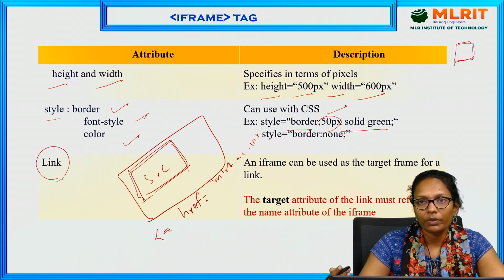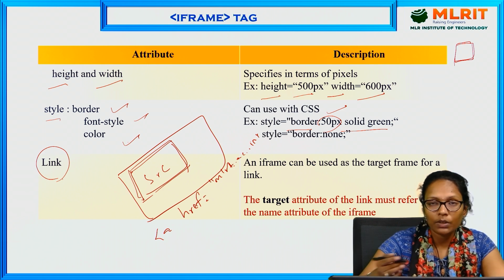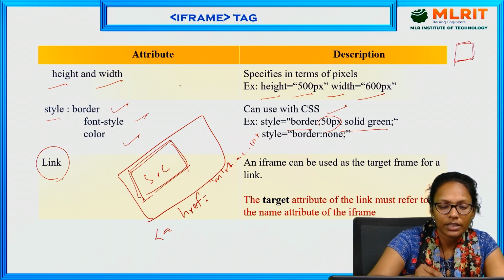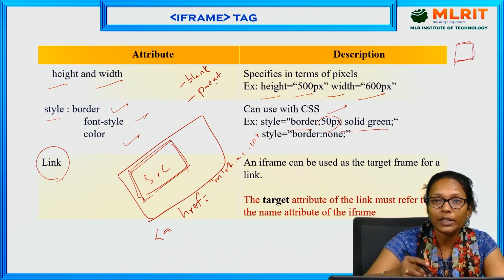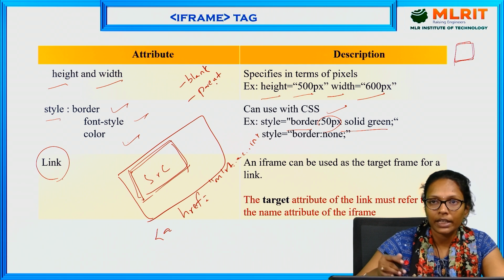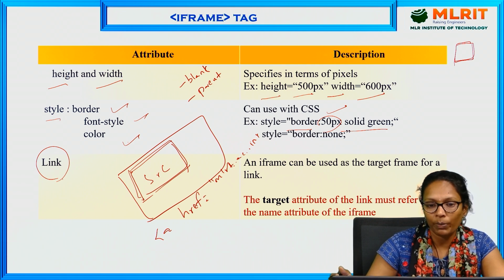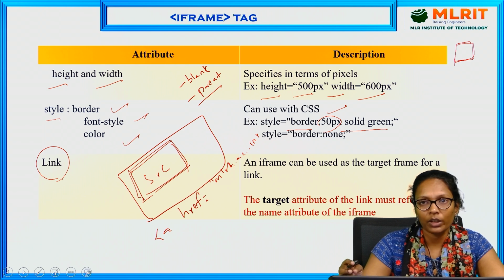Generally we give a target. In the previous videos we have seen target equal to _blank or _parent. _blank means MLRIT.ac.in will open in a new blank page. If I give _parent, MLRIT.ac.in will open in the parent window itself.